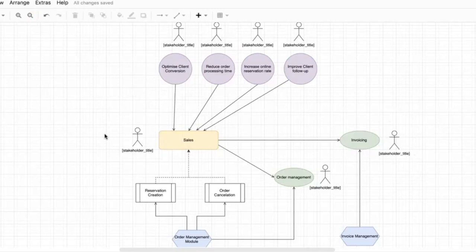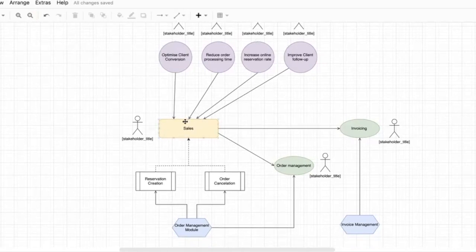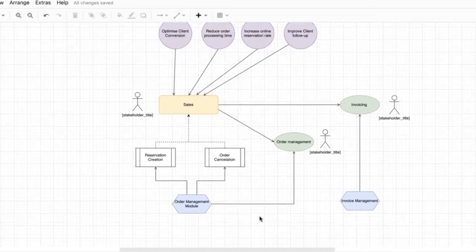You might want to build a much more complicated diagram, but just using these components and the relationships between them, you may want to depict the relationship between the business goals or objectives, the functions, the services, the stakeholders, the processes, and your application components or epics in your backlog.